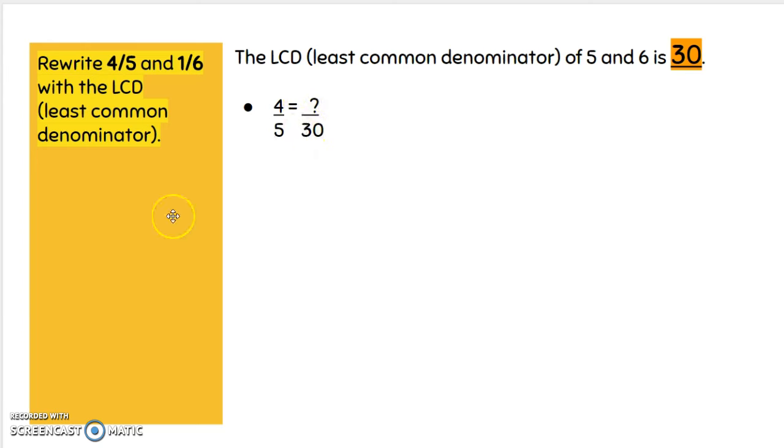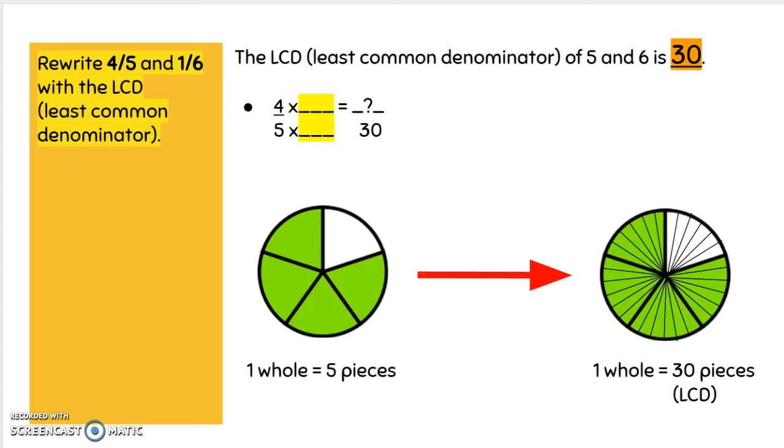But it should be equivalent. So here's a picture to kind of give you an idea of what we're going to do. Here's 4/5, right? 4 pieces out of 5. The whole is broken into 5 pieces, and 4 of them are shaded. 4 to 5, right? The number of pieces to the total of the whole.